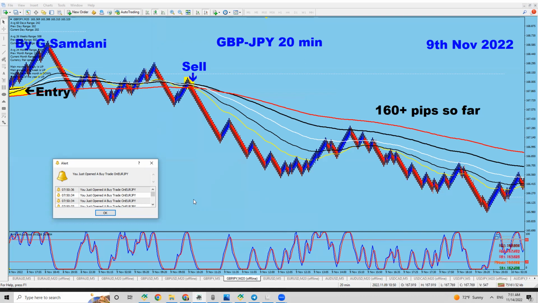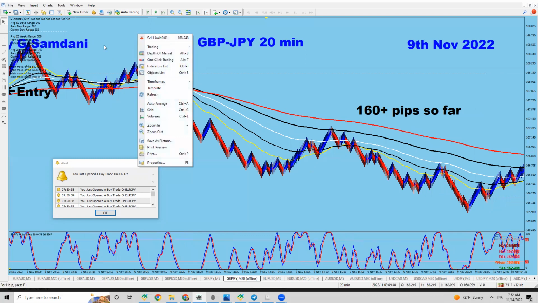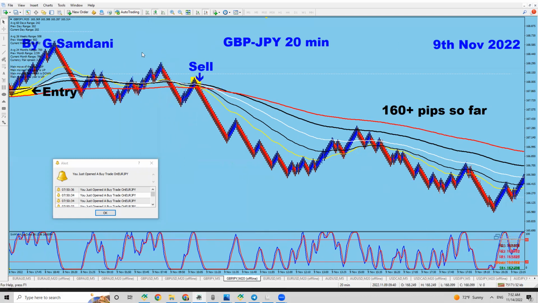It refreshes the chart automatically. Anyway, I'm going to count from this top to this bottom and see how many pips. Oops, what am I doing? Come on, man. My mouse is messing around.